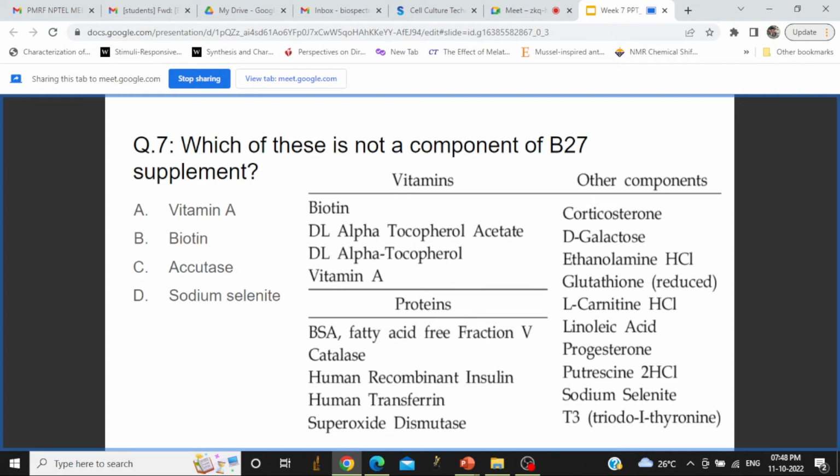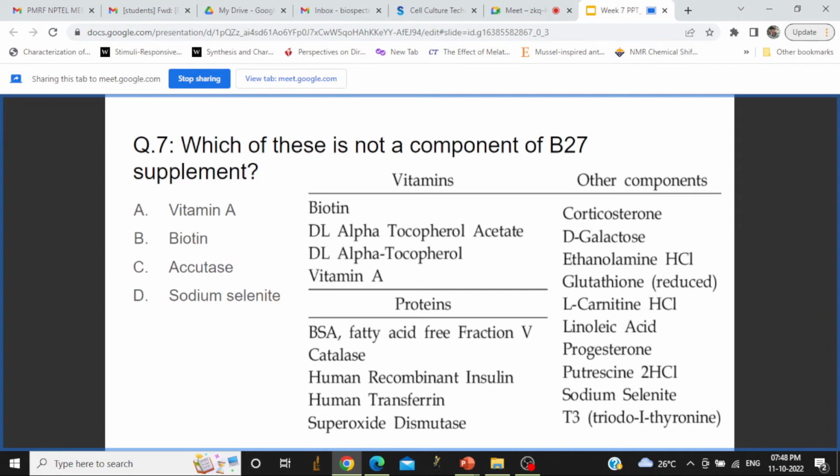Can anyone tell me what B27 supplement is and why it is used? B27 supplement is usually used for neural cells.